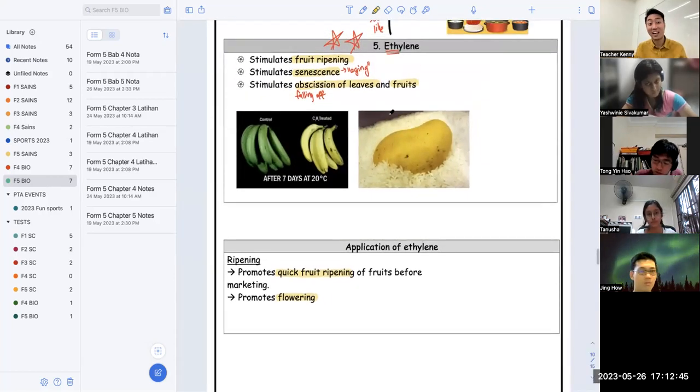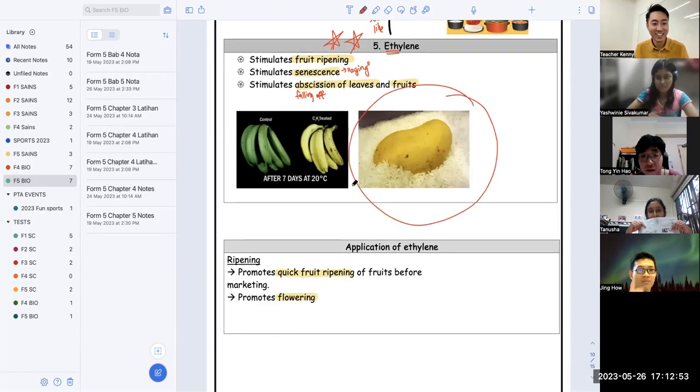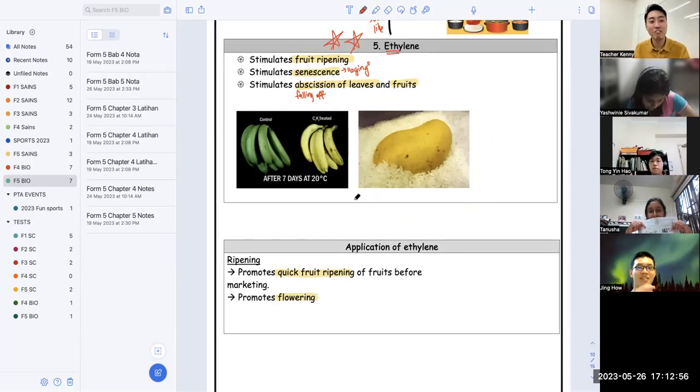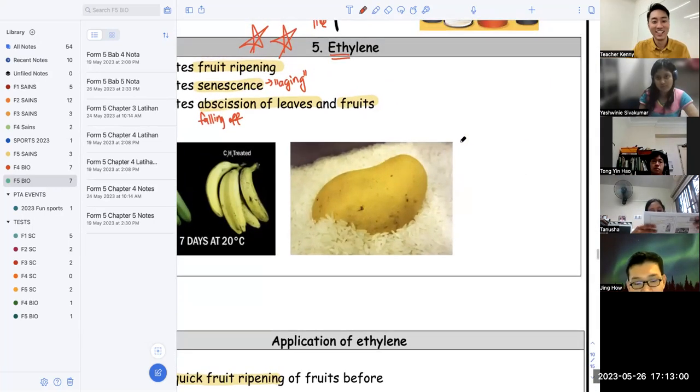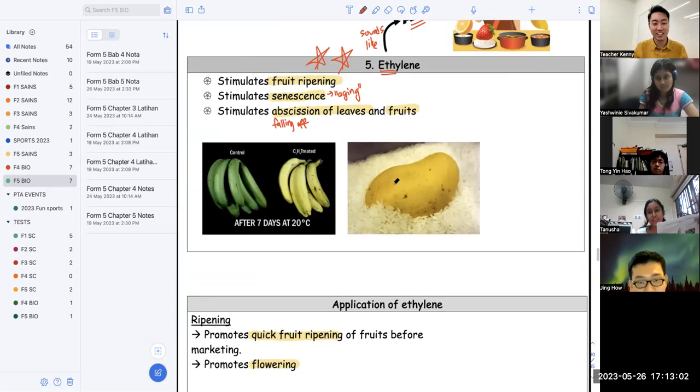Any question here? No. Okay, I got a question. Teacher, why do you put a mango in the rice there? Why is there a picture of a mango in the rice? Why no one asked me? You understand the banana, but you don't understand that thing.